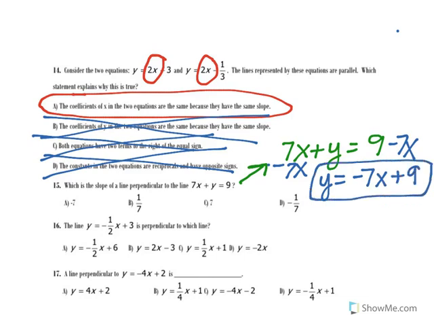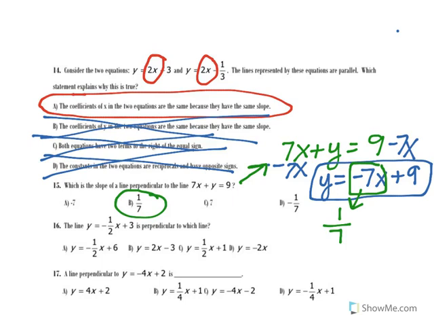This is the equation that we want to find something perpendicular to. That means we want the opposite reciprocal of negative 7, which would be 1/7 and positive. So the answer would be B.